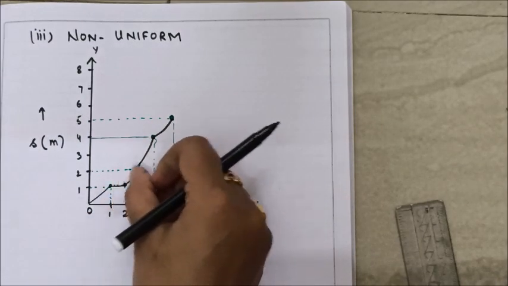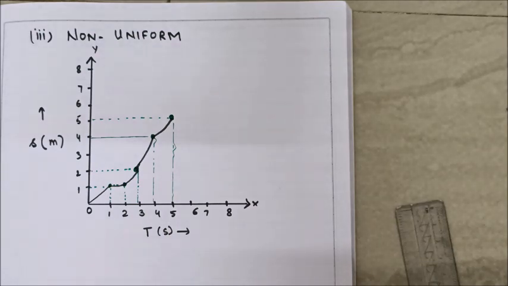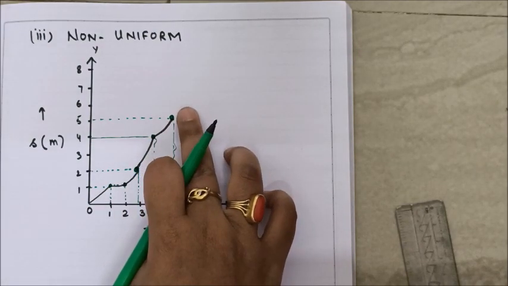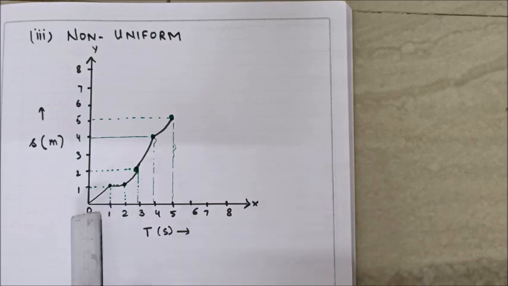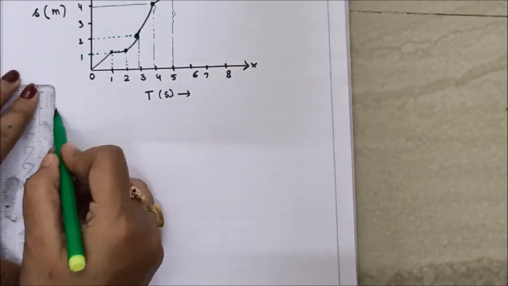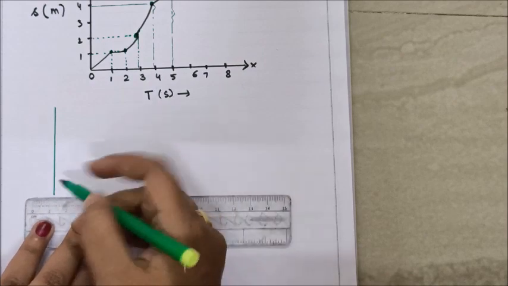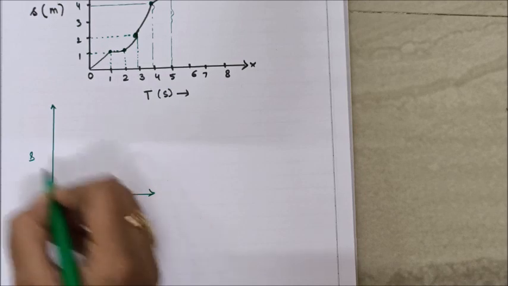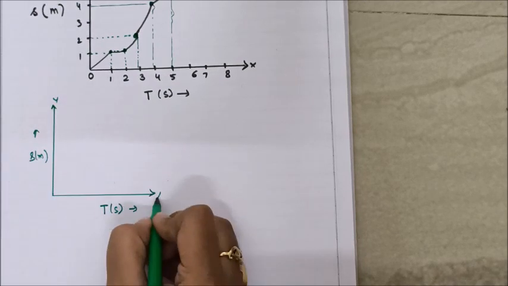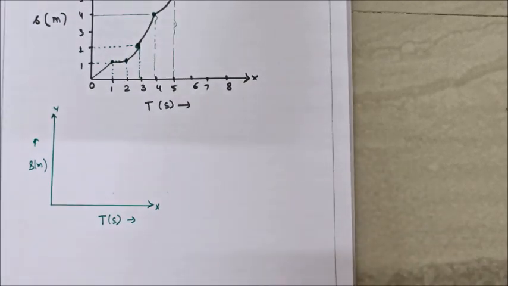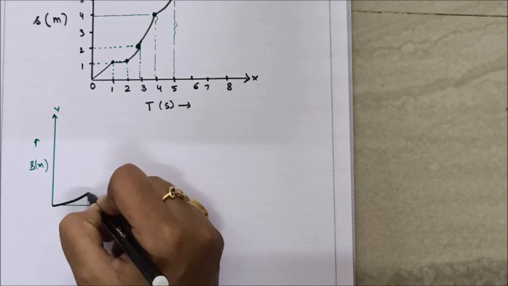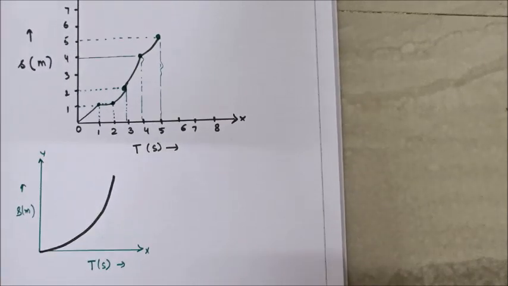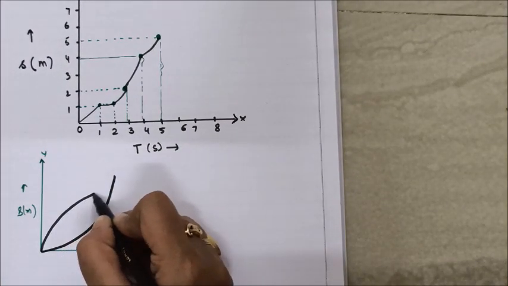With much closer points, even if we take microseconds, this zigzag shaped graph can either become a graph like this, or it can also become a graph like this.